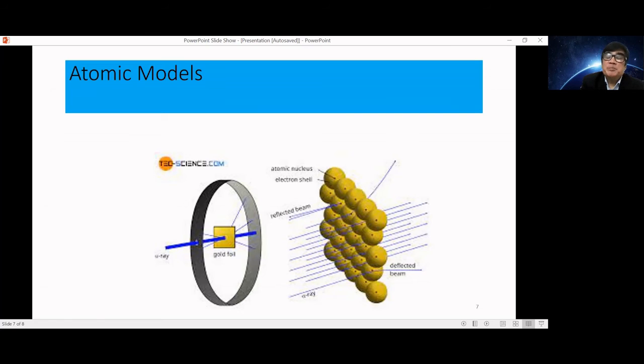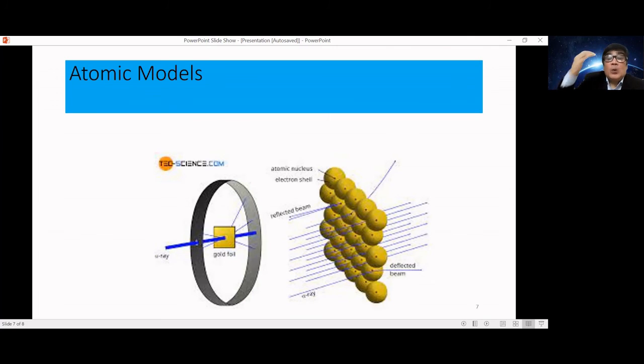Now, here we have a very good experiment, which is called the gold foil experiment or the Geiger-Marsden experiment. Gold foil can be beaten into 1 atom thick or a few hundred nanometers.